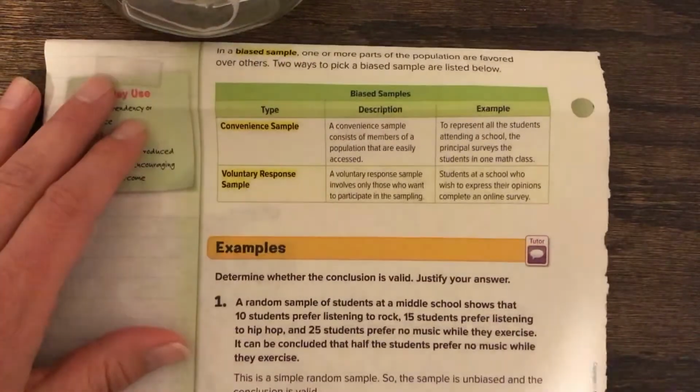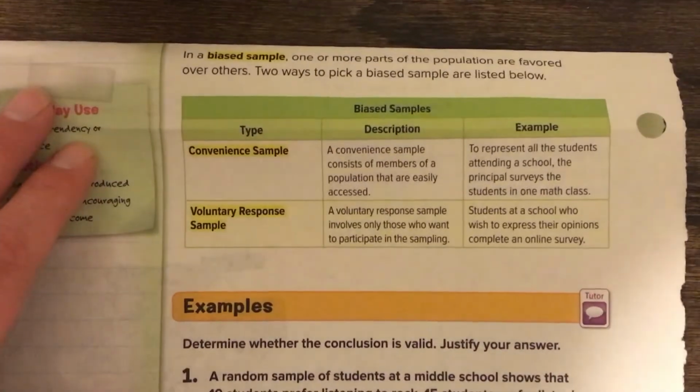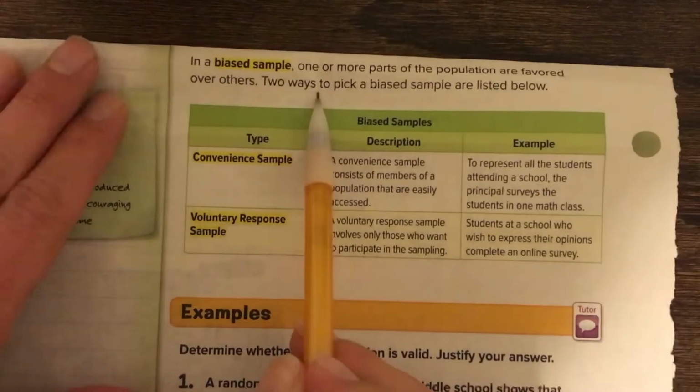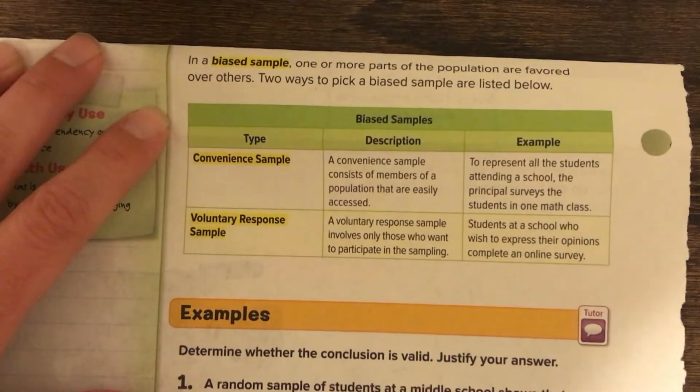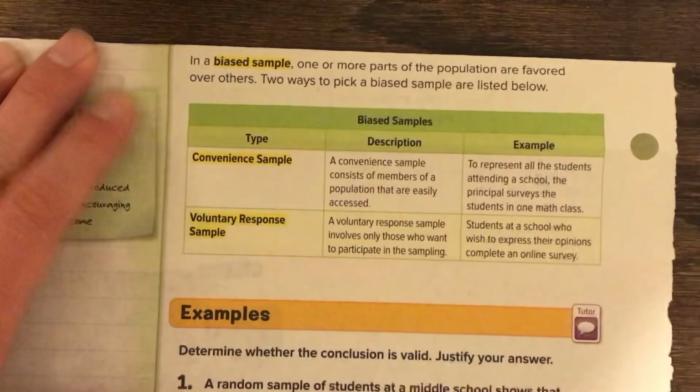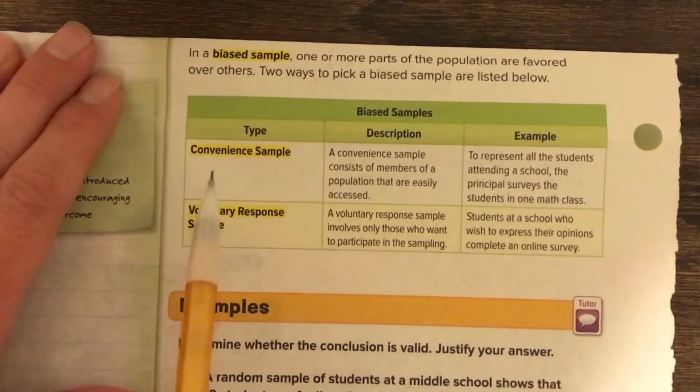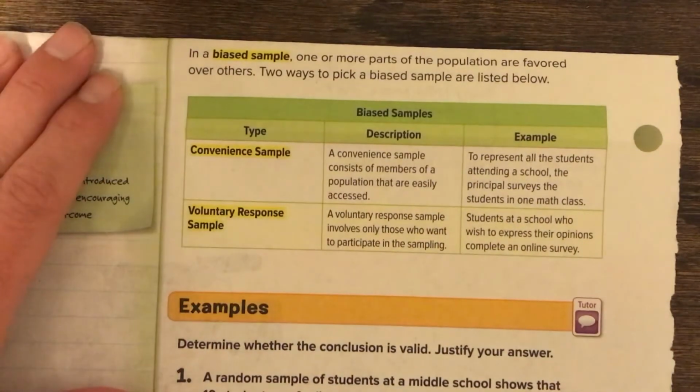The next section now is biased. Let me zoom in a little bit so you guys can see this. Biased means one or more parts of a population are favored over others. 2 ways to pick a biased sample are listed below. One is a convenience sample.